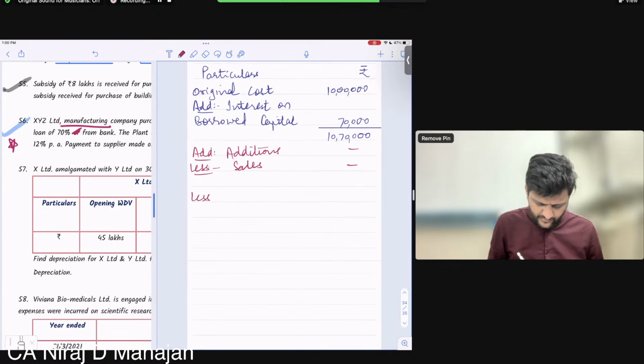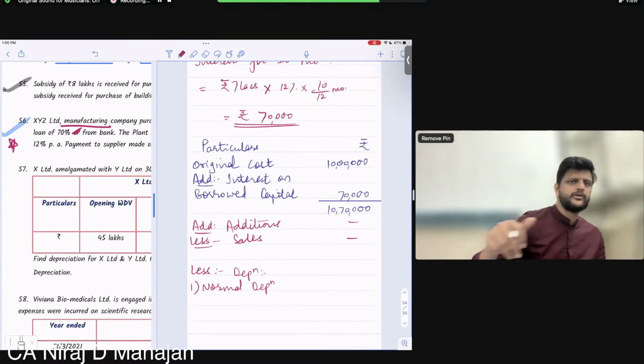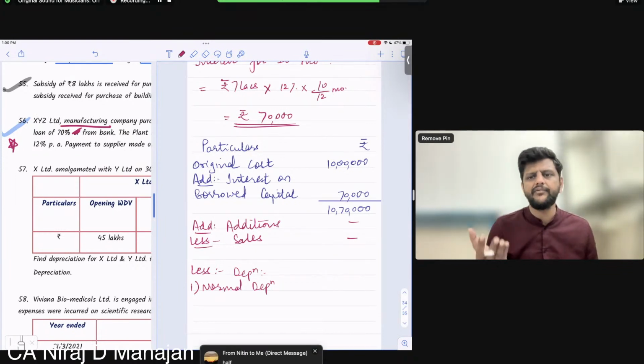Therefore, less depreciation. Normal depreciation. But tell me, full or half? How much will we take? Full or half? We'll take half. Okay, half. Put to use. Look at the date.